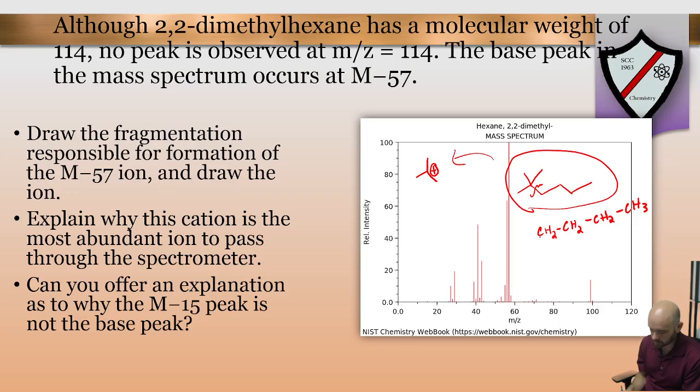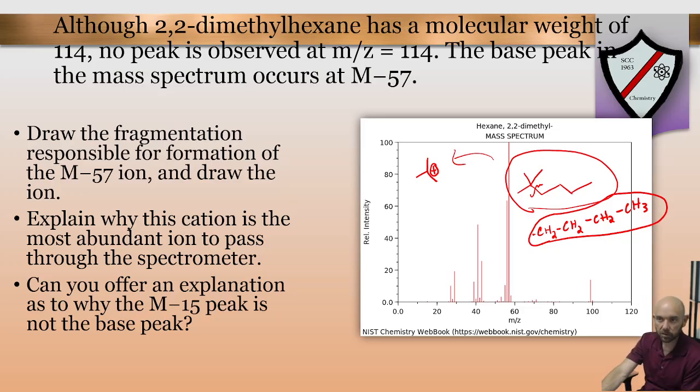Again, that is 4 carbons and 9 hydrogens, so that is a mass of 57. So it makes sense for the M minus 57 peak to have lost this butyl structure, this butyl radical. This is what we've lost, a butyl radical.